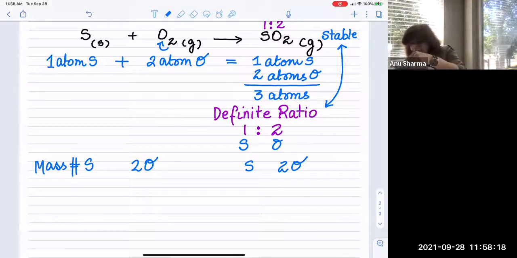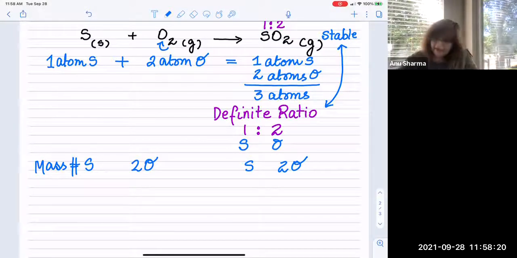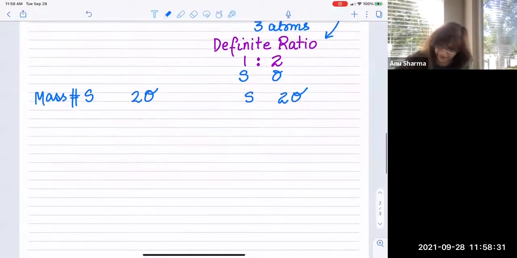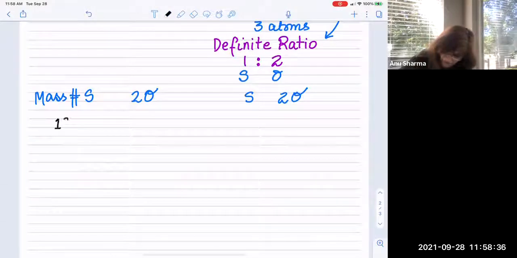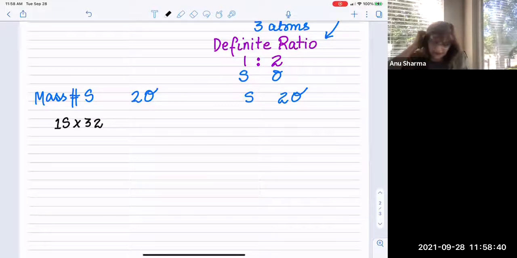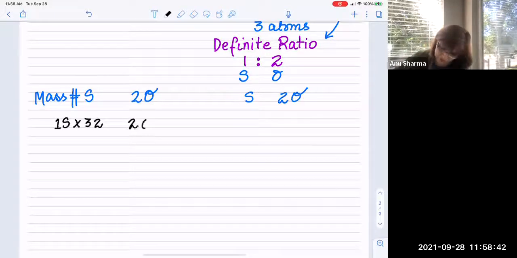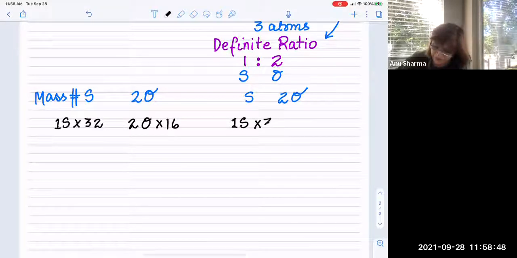So 1 sulfur times 32, and 2 oxygens times 16.